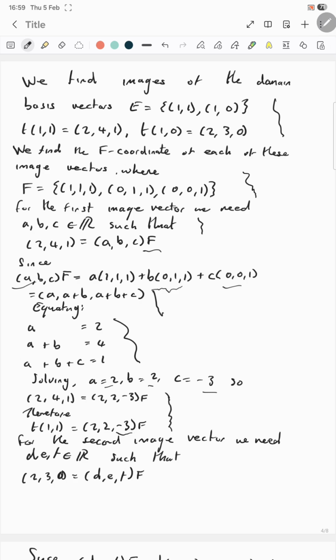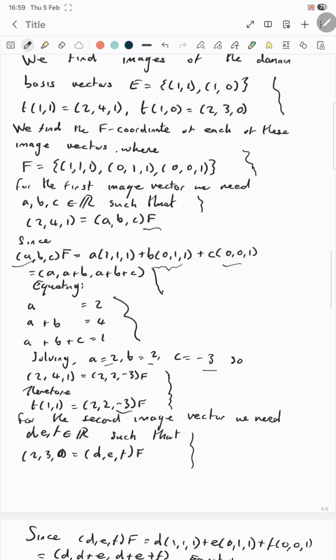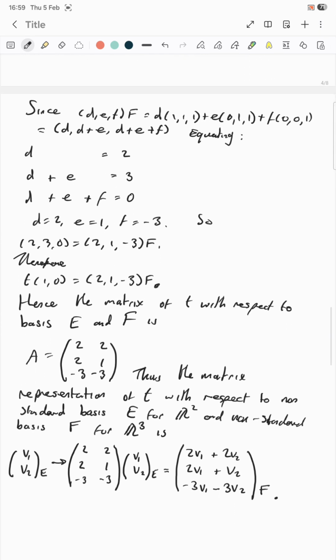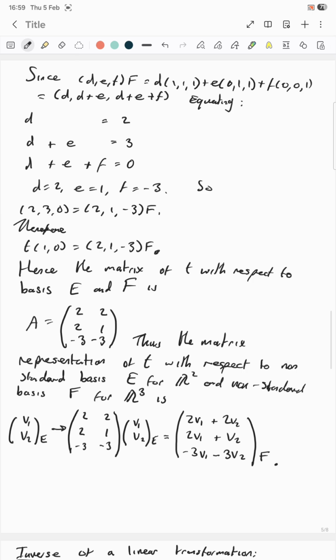Now for the second image vector, we need d, e, f contained in R such that (2, 3, 0) equals (d, e, f)_F. Now since (d, e, f)_F equals this here, and equating again, we'll get d equals 2, e equals 1, f equals -3, so we get this conclusion.